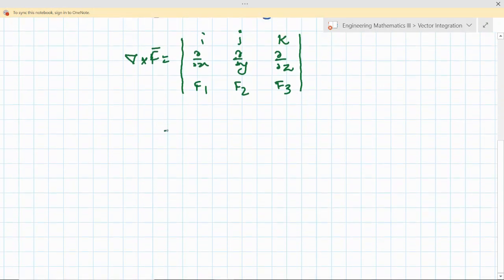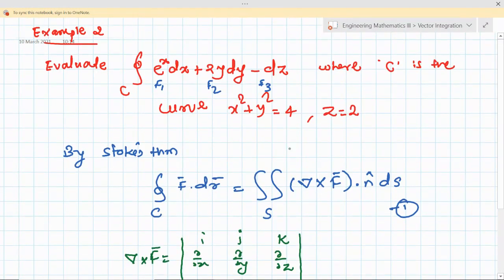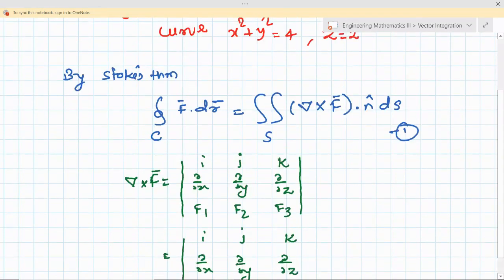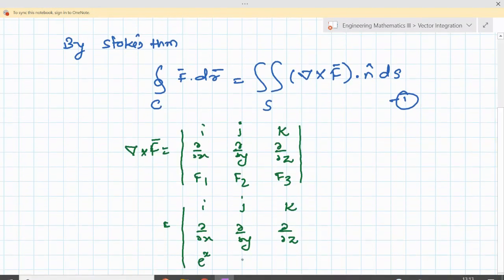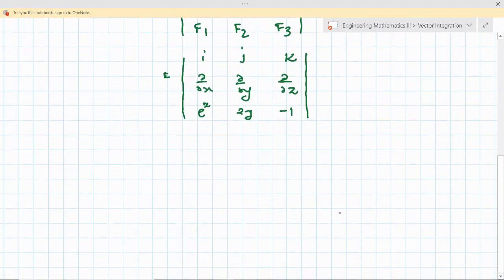F1 is e raised to x, F2 is 2y, and F3 is minus 1. Determinant complete. Now let us solve this determinant and see what the answer is.